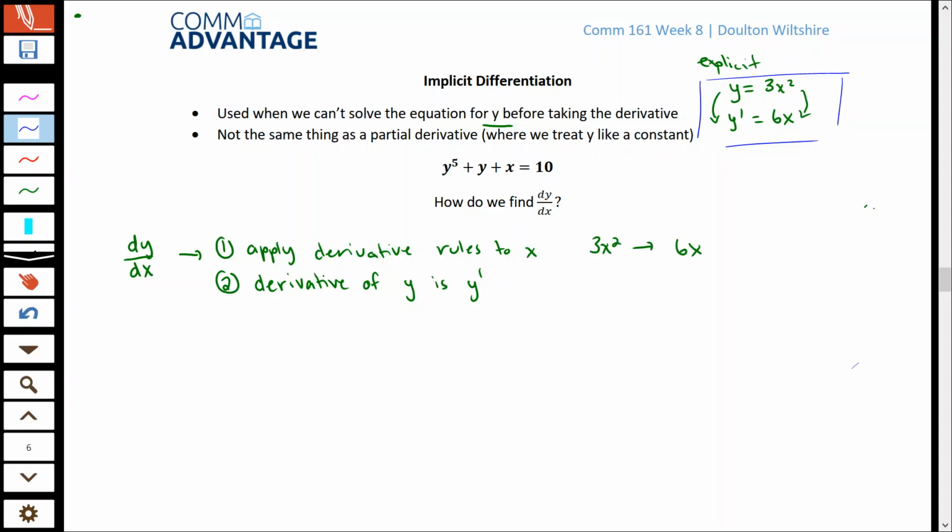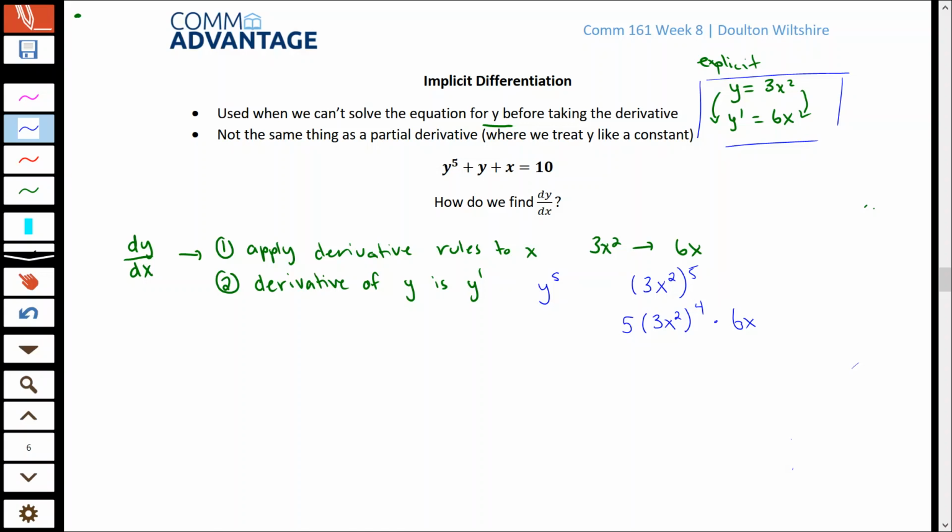So, for example, if I have y to the 5 versus if I know that y is equal to 3x squared, to the 5, if I was taking the derivative of this equation, the 5 would come down. I would leave the inside, 3x squared, with a 4, and then I'd multiply it by the derivative of the inside, so that's 6x.